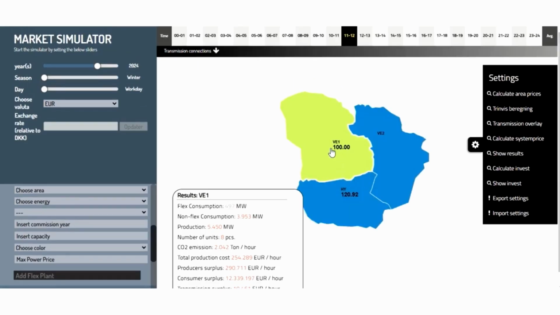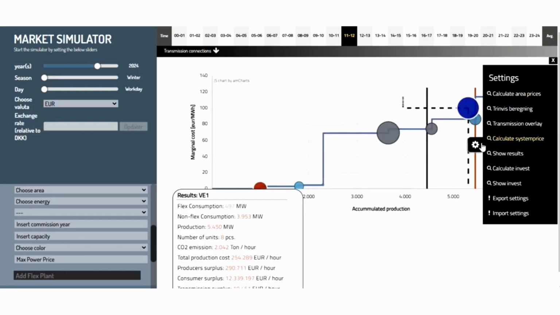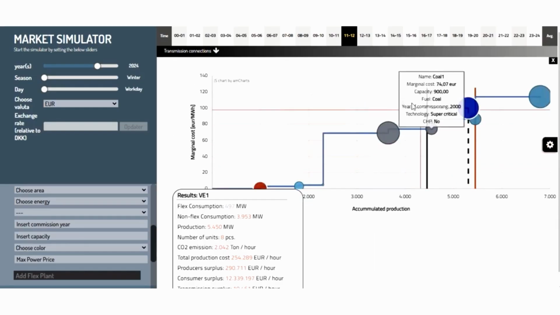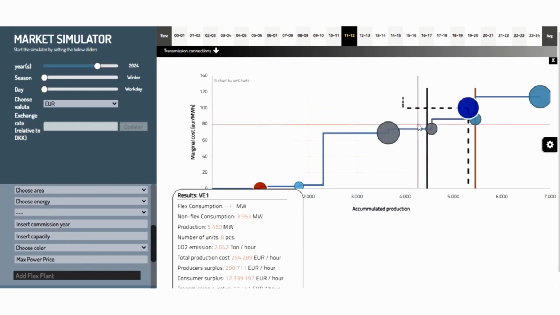So when I right click on V1, you can see here that this here is a supply curve. This here is the demand without having flexible demand. And this here is the final demand in the system.